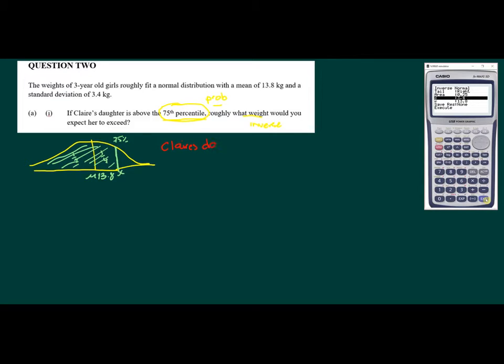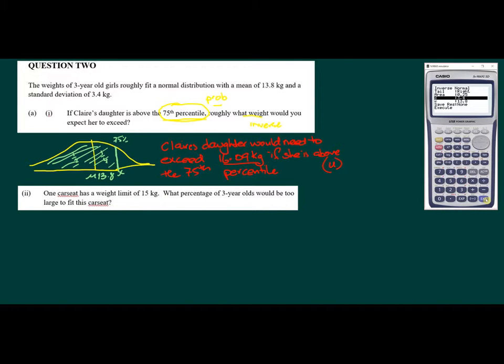Claire's daughter would need to exceed 16.09 kilograms if she is above the 75th percentile. The answer's fine for this particular question, but this just gives you a bit more detail just in case there's a merit part. But that is an achieve level question.